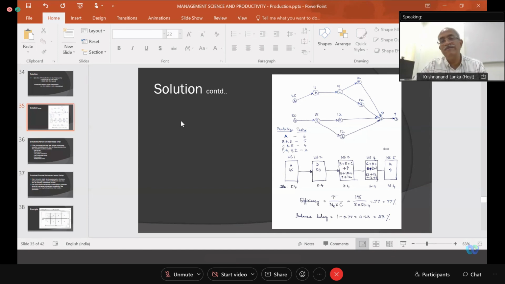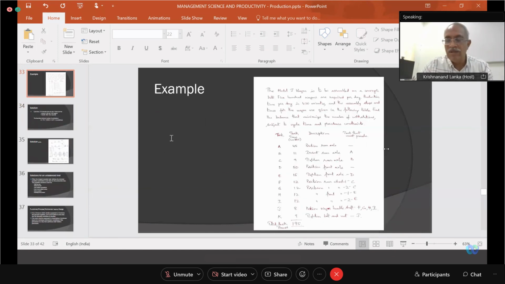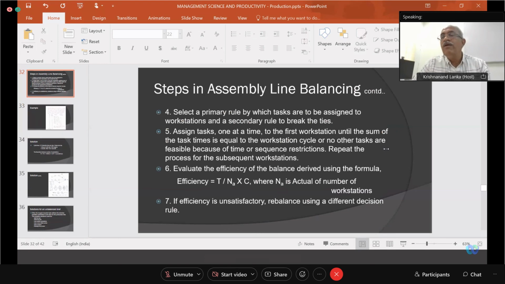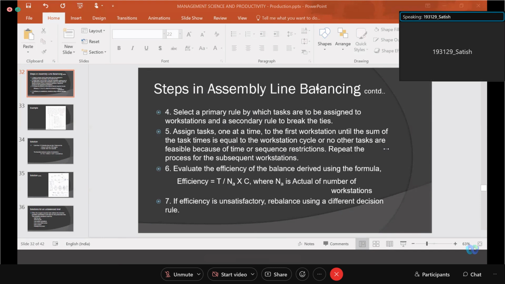Okay, shall I wind up? 1.5 rupees per... one output is not feasible, sir.